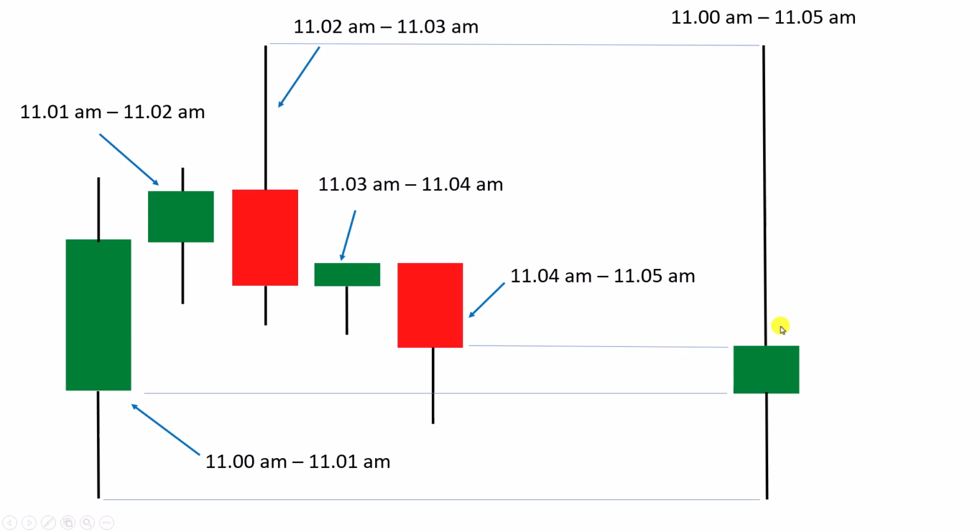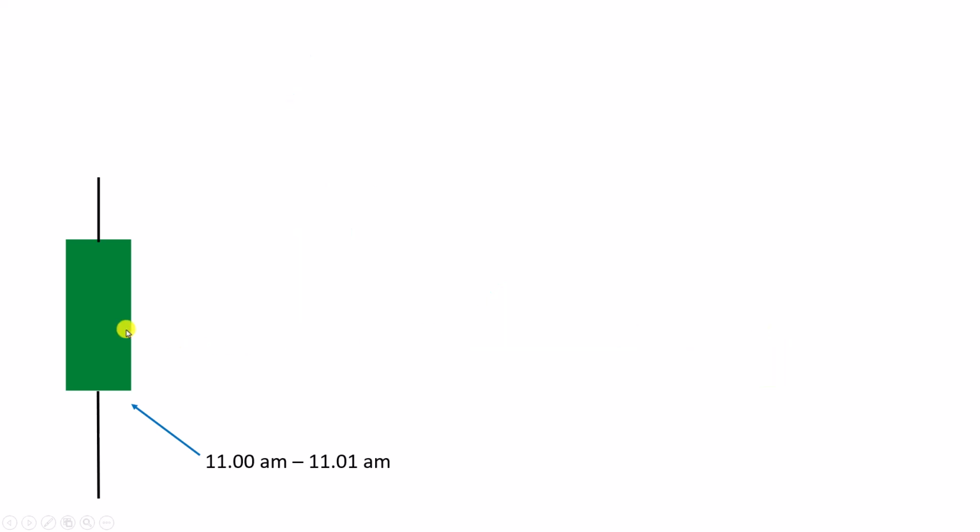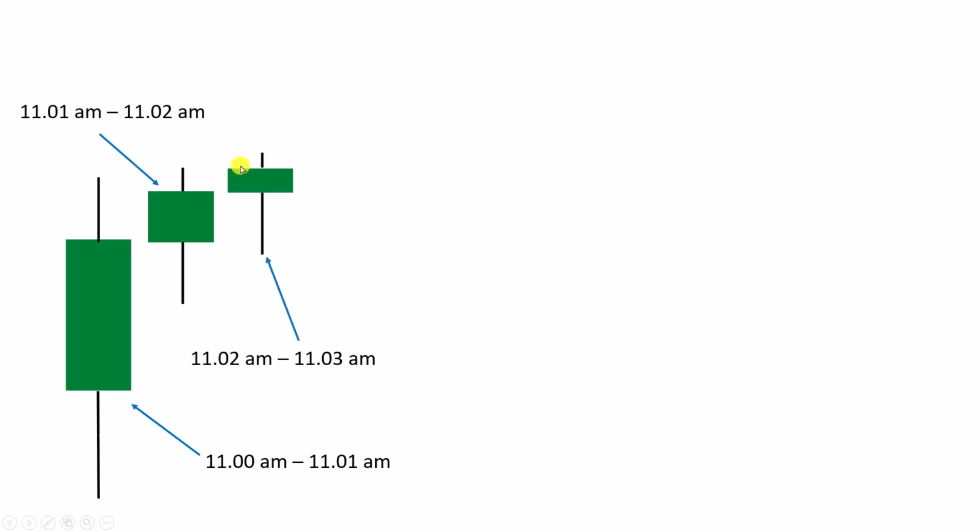Okay, now let me go ahead and give you one more example of a red candlestick. Let us assume that this is a candlestick of 1 minute time duration from 11 am to 11:01 am, and this is from 11:01 to 11:02. This is from 11:02 to 11:03.